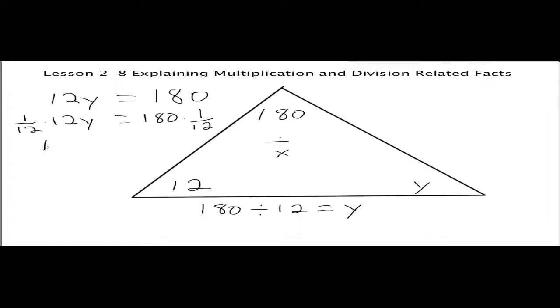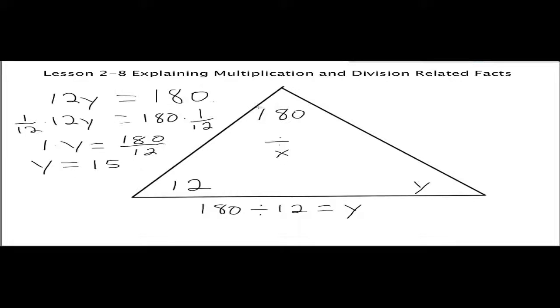I end up with 1 times y, and that equals 180 over 12. And 1 times y is just simply y. 180 divided by 12 is 15. And we get that y equals 15.